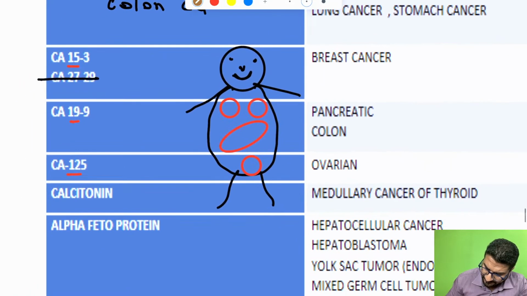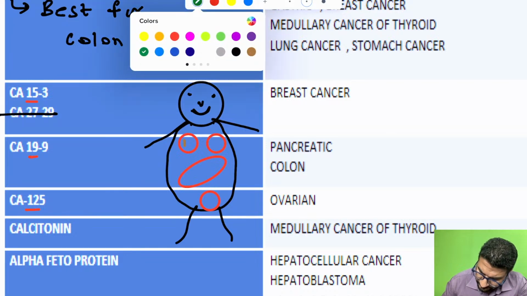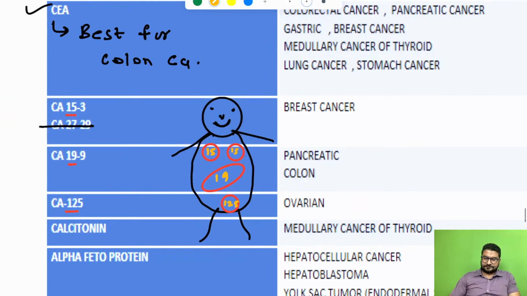So I am writing it here like this, 15, 19, 125. Simple. So 15 is for breast, 19-9 colon pancreas, 125 is for ovary.